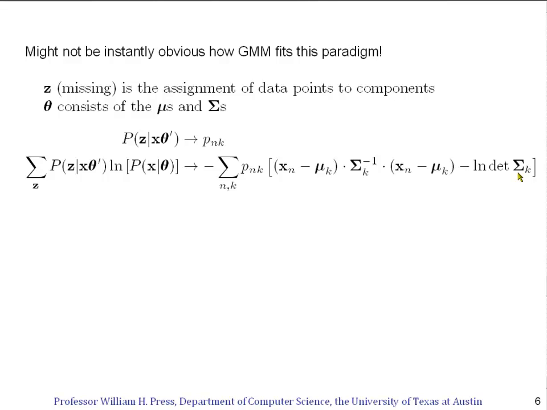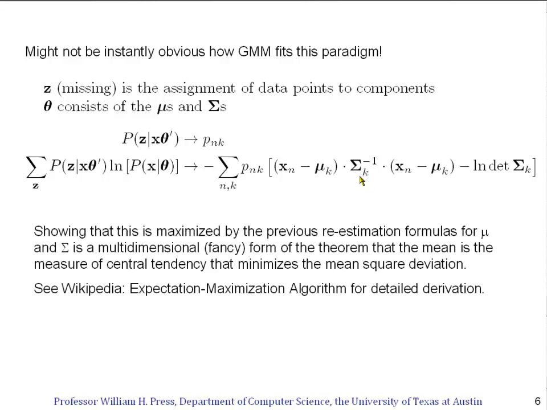Well, this still doesn't look easy, because now the maximization step says that we have to maximize this thing over all possible values of the means of the different Gaussians and all possible values of the covariance matrix of the different Gaussians. And you might think that's a really hard problem. But I want to remind you that all the way back in segment 7, when we were talking about measures of central tendency, and in just the one-dimensional case, we proved a little theorem that the way you maximize the likelihood of the mean of a Gaussian is just you take the population average.